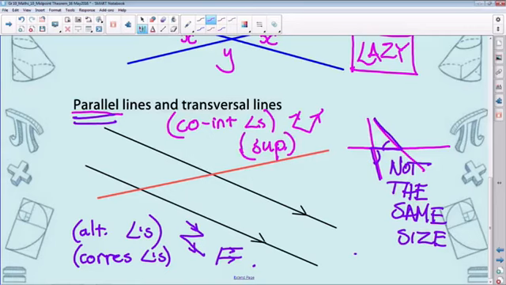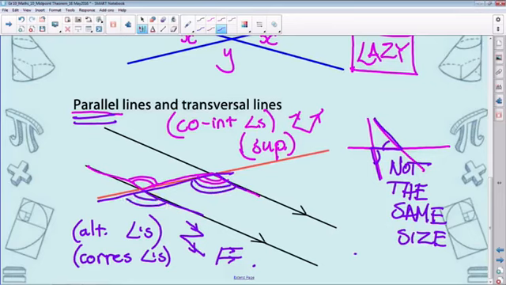Okay, so we have an alternate angle over there, which means that this is equals to that. We have a corresponding angle over here, which means that this is equals to that.